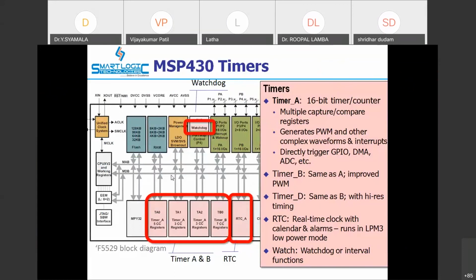Apart from these timers acting as timer counters, either we can use them as a timer or as a counter, and there are also capture compare facilities. Even we can generate PWM signals on port pins. There are certain port pins which act as PWM output, so we have to configure them first, and then we use a particular timer.